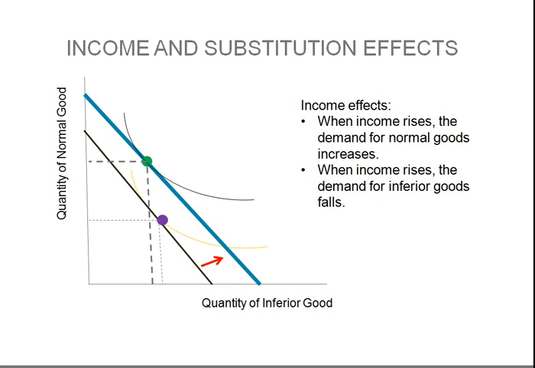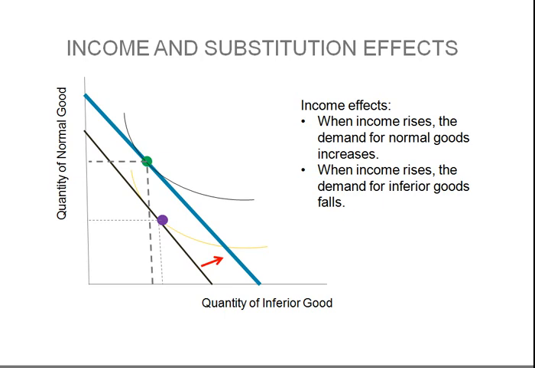So we are at a higher indifference curve than before, so we move upward. But as we have normal goods here and inferior goods here, we move in this direction. So let's say we are here.